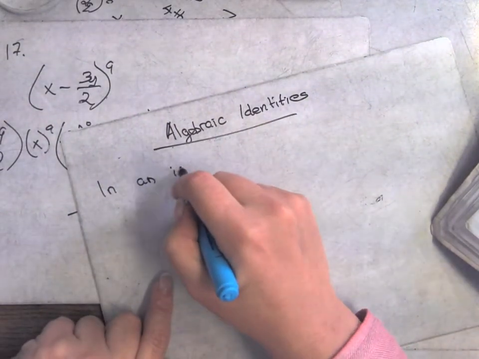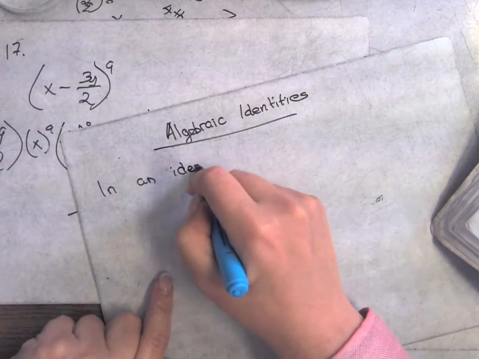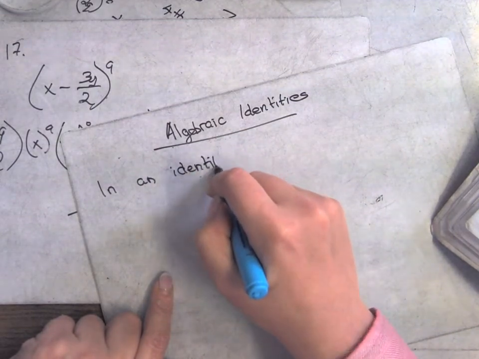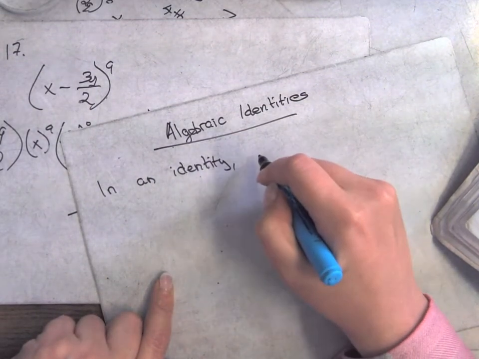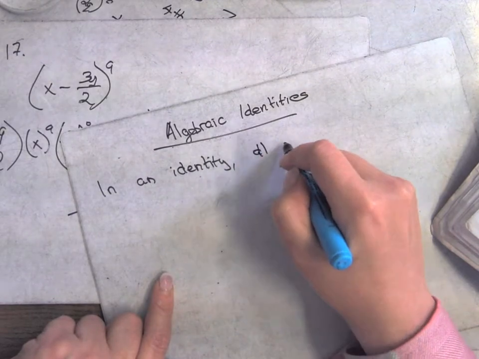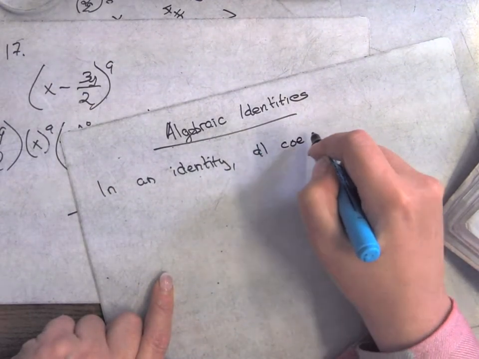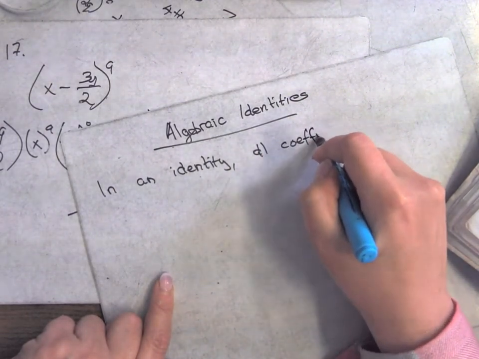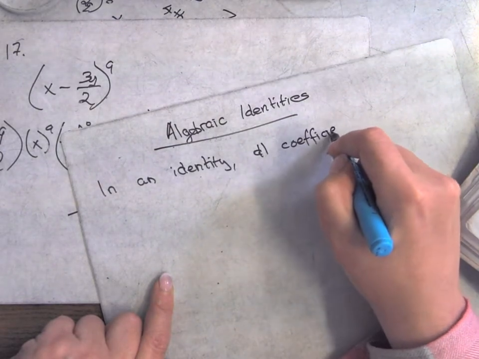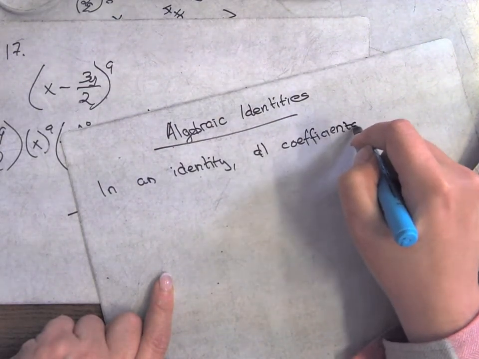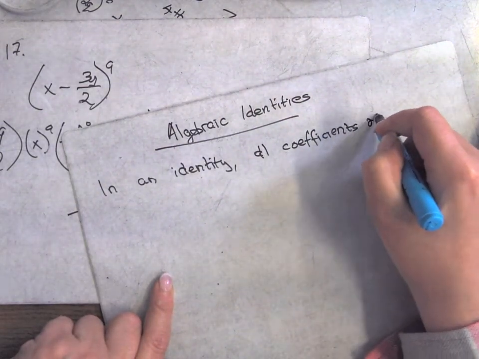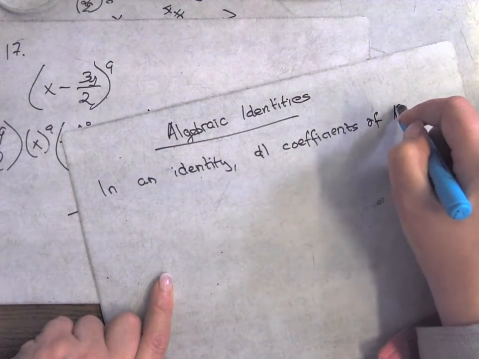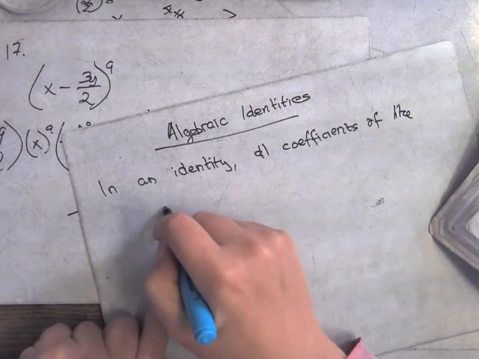We'll see when I write down an example what I mean by an identity. In an identity, all coefficients of like powers are equal.